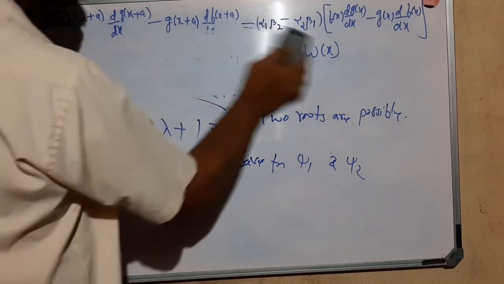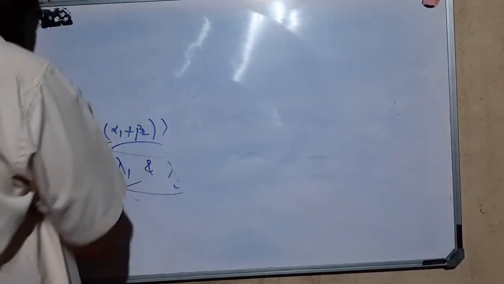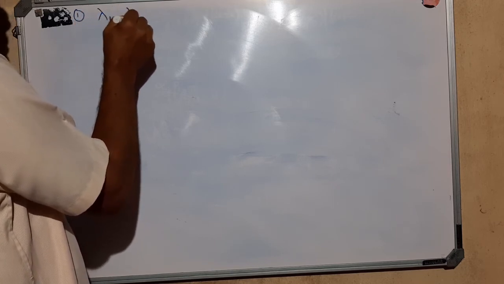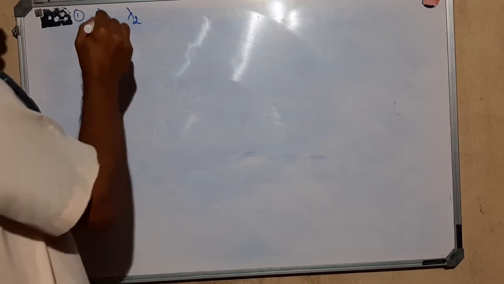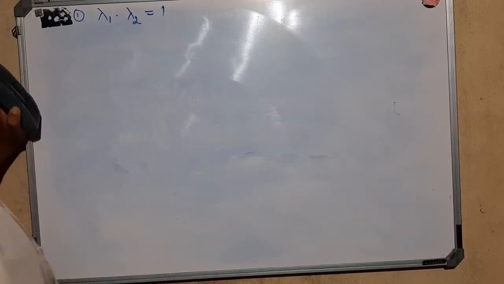Okay. So now, using this, let us consider two cases. There are two solutions as already mentioned, lambda 1 and lambda 2. Consider a situation such that lambda 1 into lambda 2 is equal to 1.